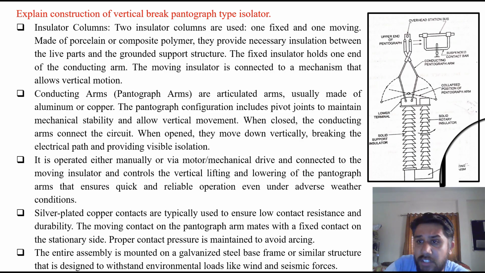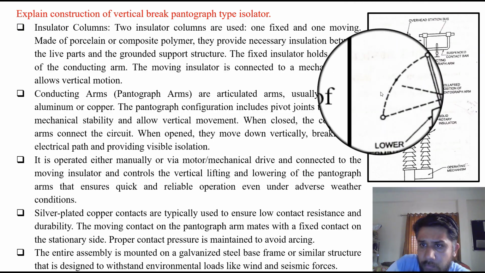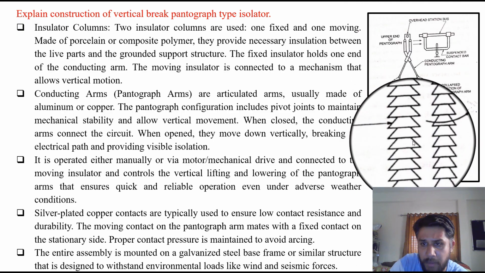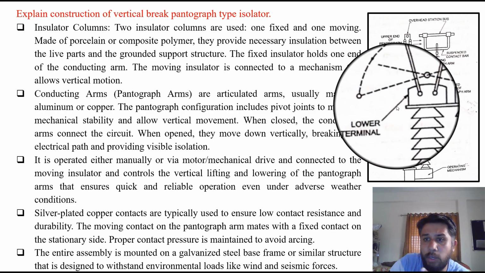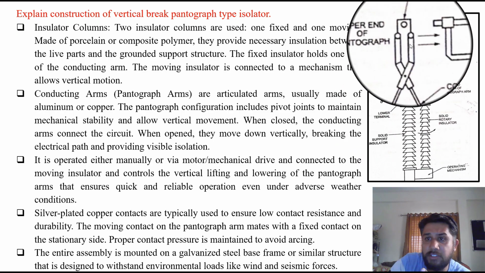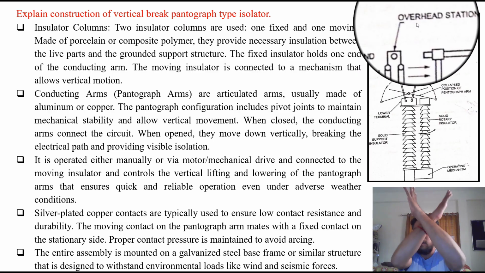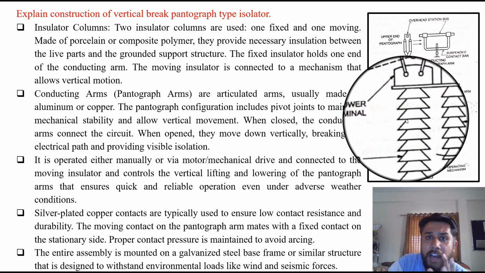So this is the structure mounted on the solid support or base structure. This is the lower terminal, this is the upper terminal, which is connected with the bus bar on the upper end. So this is how the vertical break type pantograph isolator is made up.